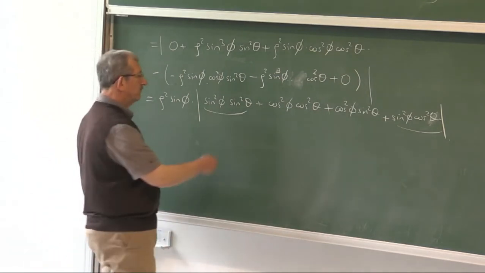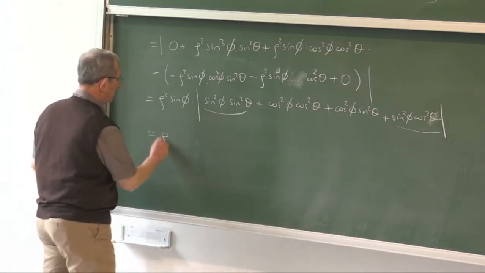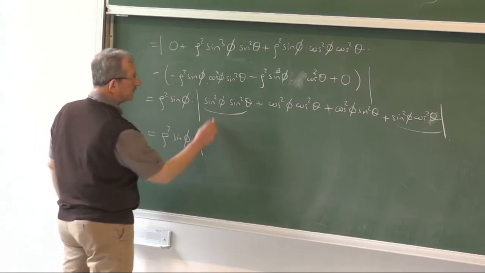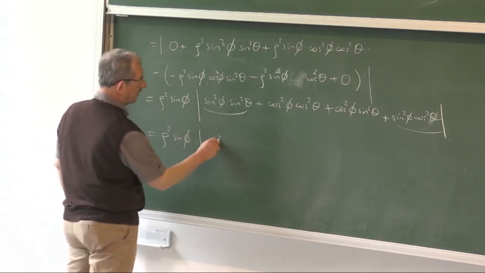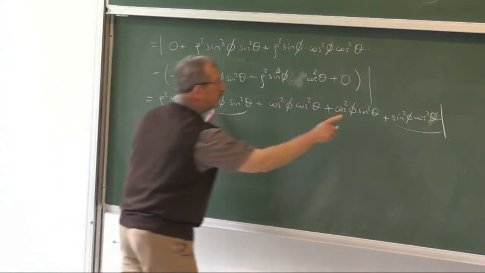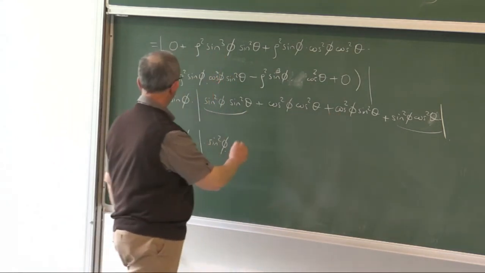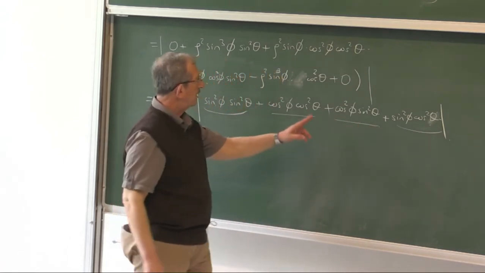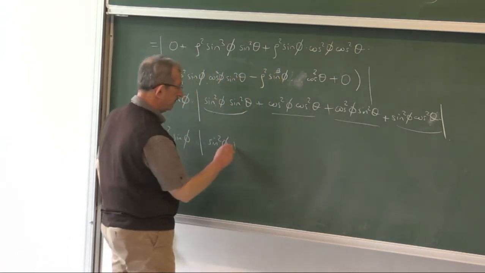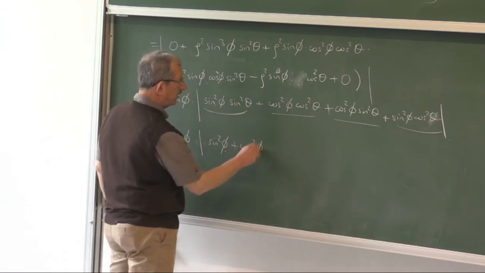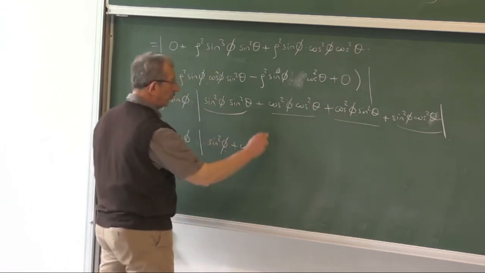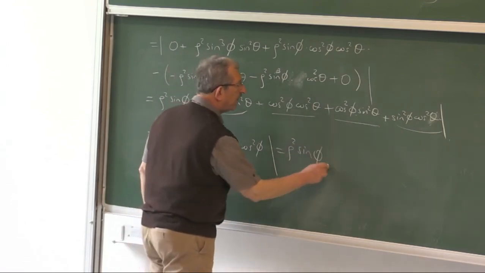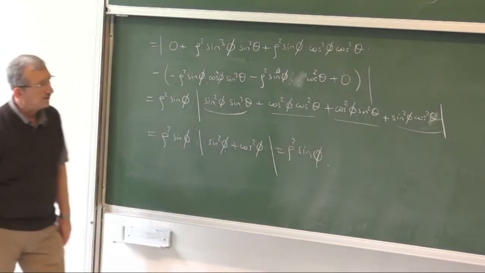So we get from here just sine squared phi from these two. And from these two, we obtain cosine squared phi. The other ones add to 1. So it is rho squared sine phi, as expected.